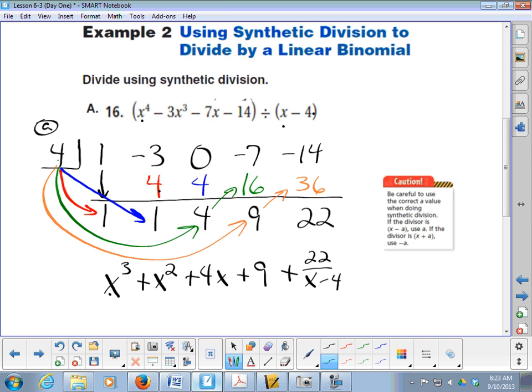So I'd have x cubed times x would give me x to the 4th, and then x squared times x would give me x cubed, and so on. So I'm always going to reduce the power. My first term in my answer is always going to be 1 degree less than my dividend. All right, let's do another one.